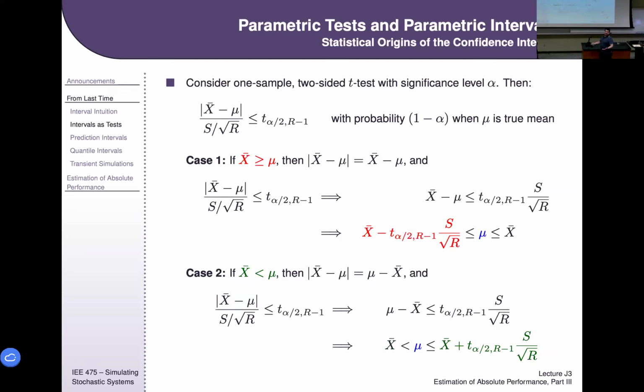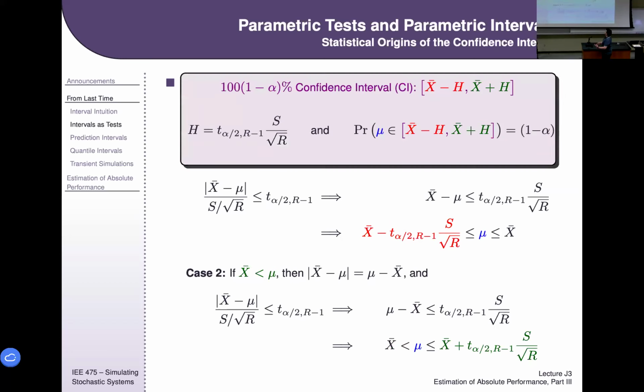Combine those two things together, and what it tells you, because you never know what the real mean is, is that if you know the sample mean, and you can make these normality assumptions that go into the t-test, then the real mean is either going to be within this half interval or within this half interval. We put those things together, and that becomes the confidence interval. And that's why this formula is the half-width formula, here and down here. That's where that comes from.